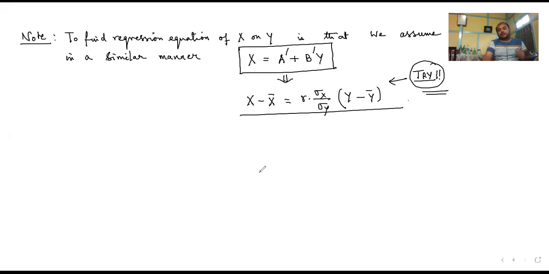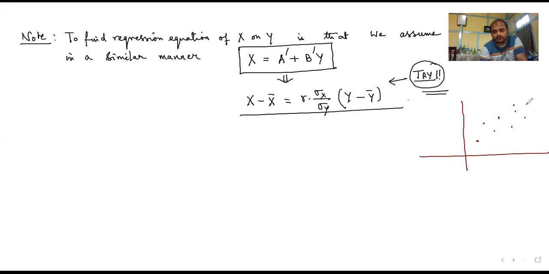So therefore there are two lines of regression, and this line of regression is giving you the line of best fit. Why is it called the line of best fit? It is because of the following scenario. Suppose we have certain points given as follows.